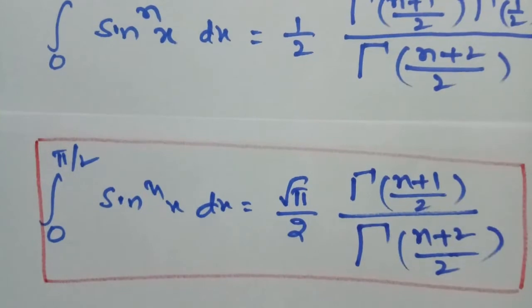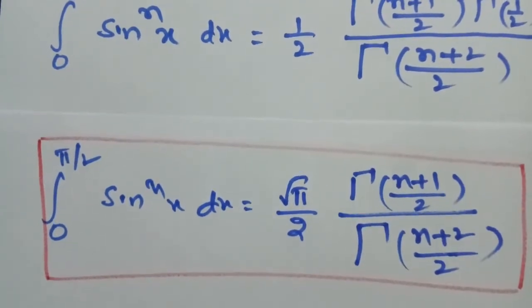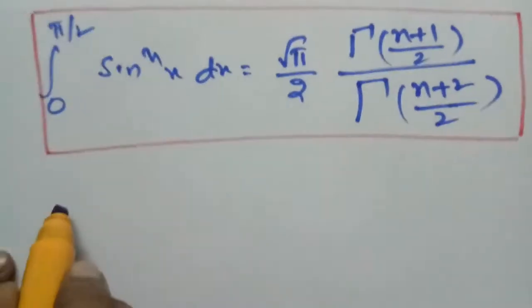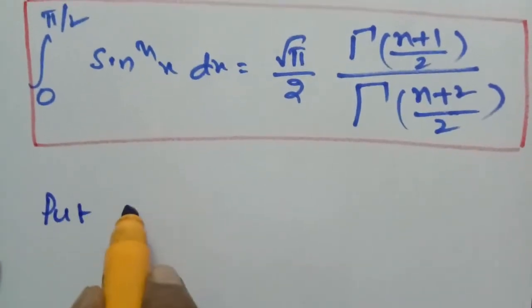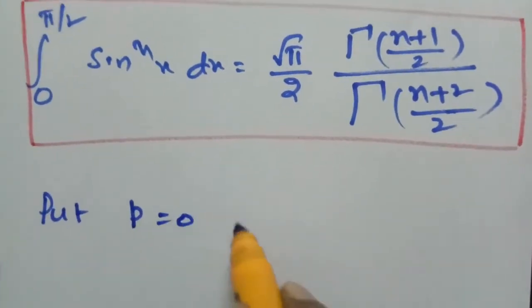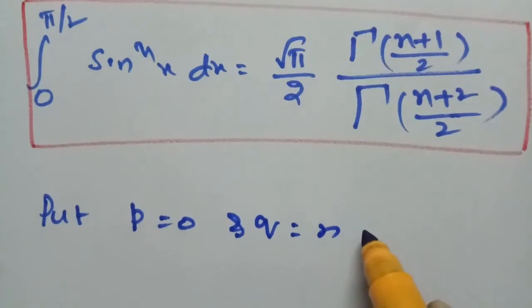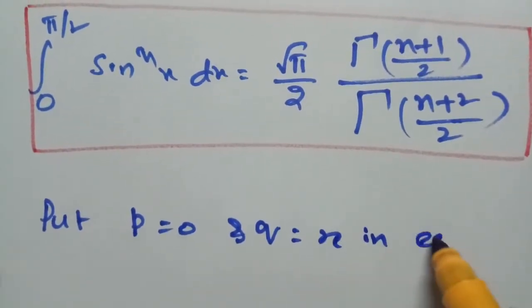Next, again put p equal to 0 and q is equal to n in equation 1.